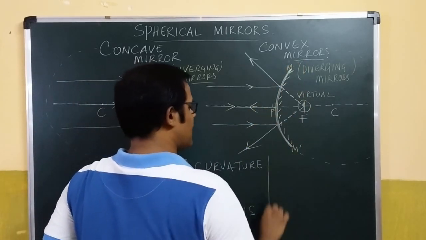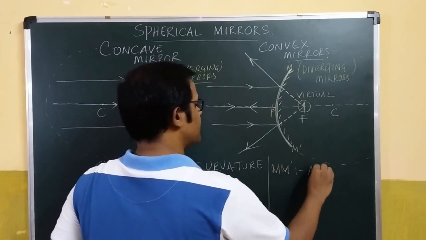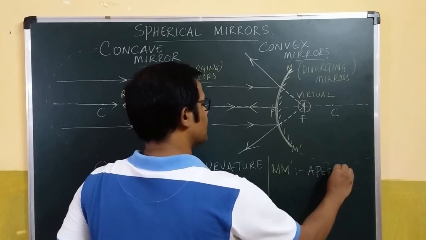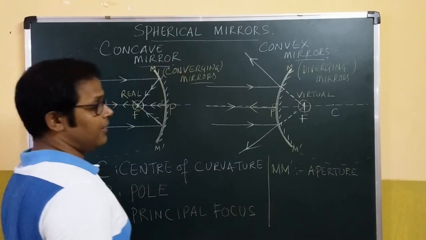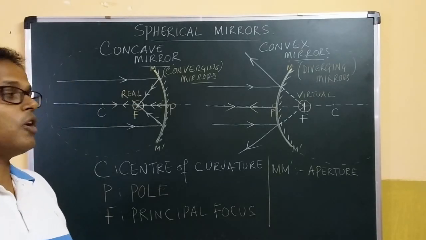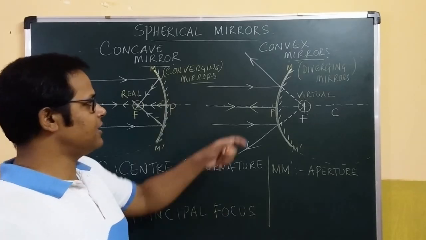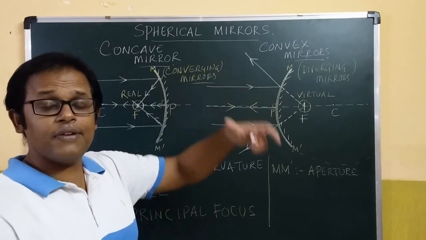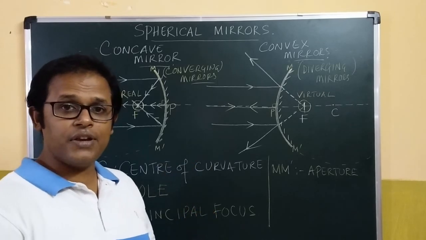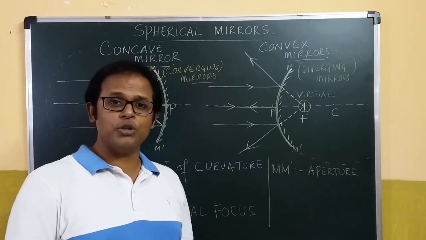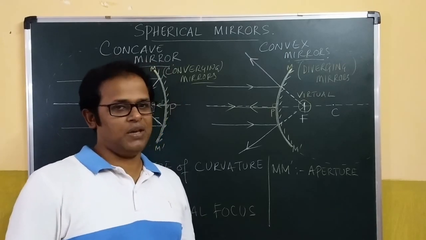This MM dash in the diagram, which represents the size of the mirror, is better known as the aperture of the mirror. Is that clear? That is called as the aperture of the mirror. Okay, good. That basically indicates how large is the reflecting surface of your mirror. Larger is the reflecting surface and quality is supremely good, better quality of images will be obtained by the mirror.